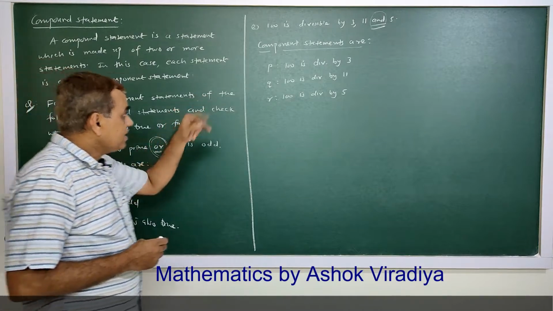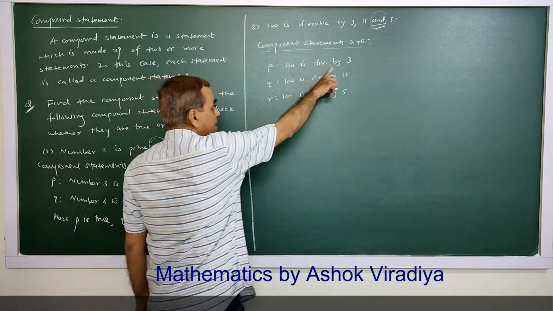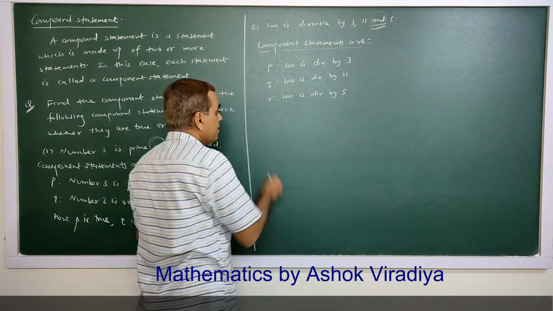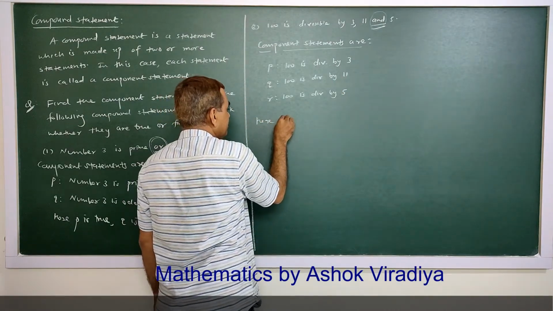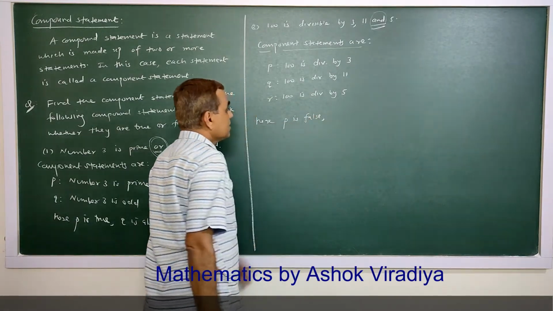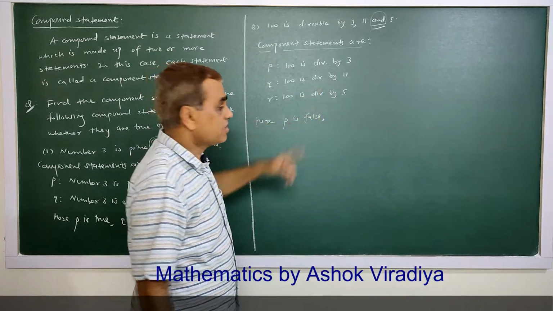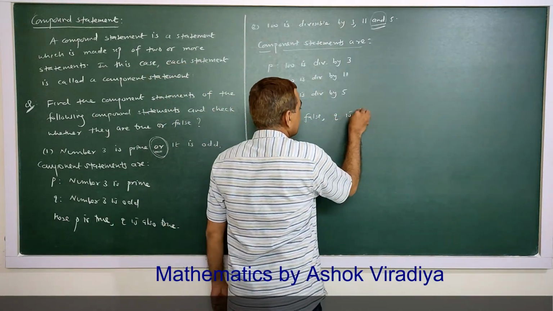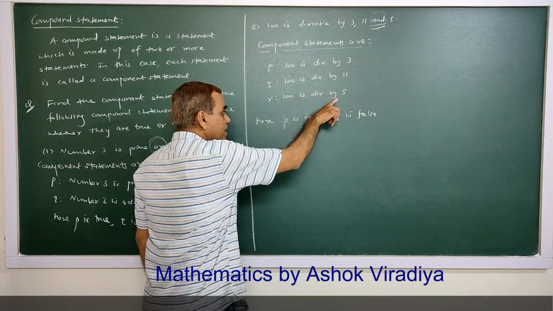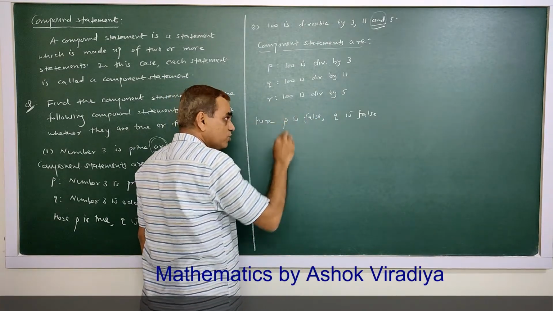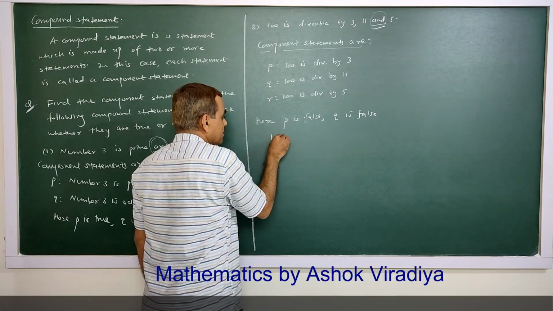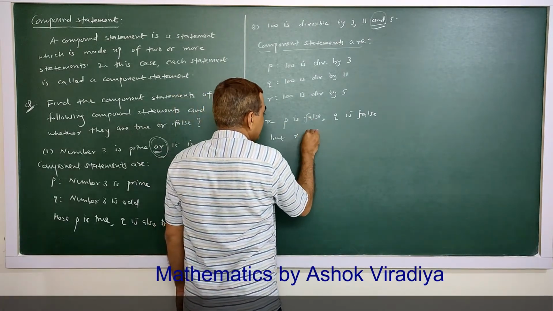Now see, in this question, statement P, 100 is divisible by 3, is false. Here P is false. Q is also false. Q is false, or 100 is divisible by 5, R is true. P is false, Q is false, but statement R is true.